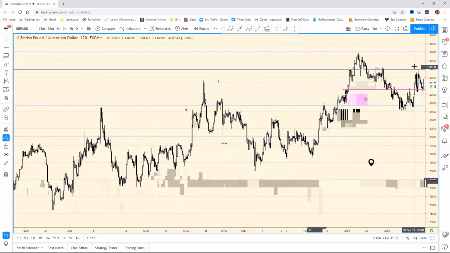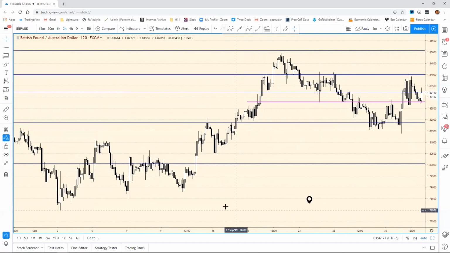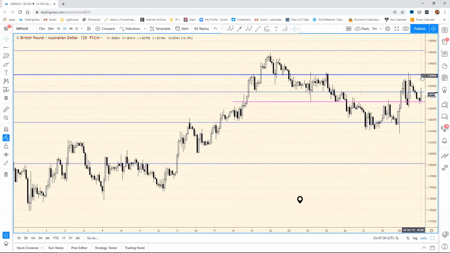Did make this run up here to the 34 even here with the sterling odd. But I think at this point, as I mentioned, Boris Johnson is going to be unveiling his last chance plan today.